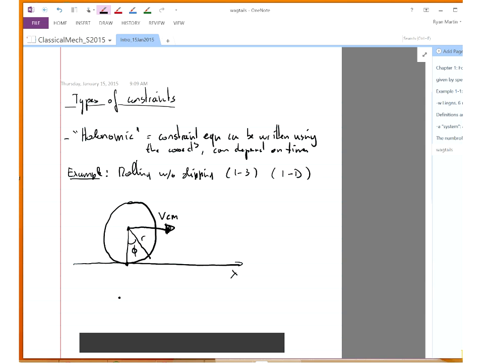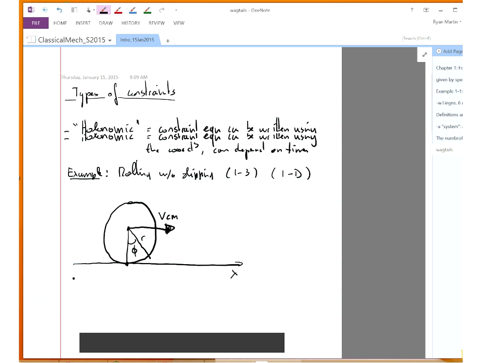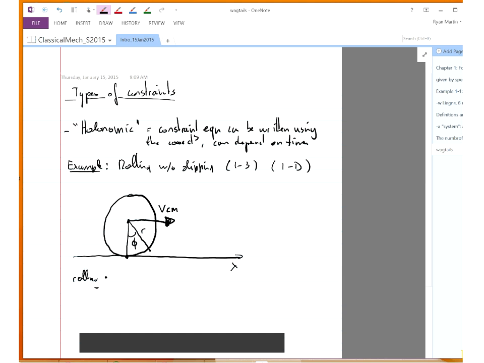That means the velocity on the circumference there is 0. So the constraint equation is V_CM minus r phi dot equals 0, or V_CM equals r phi dot.